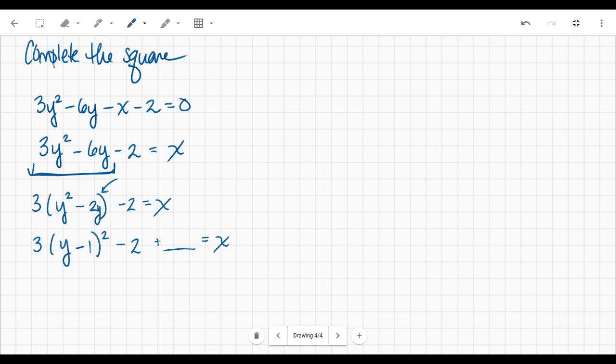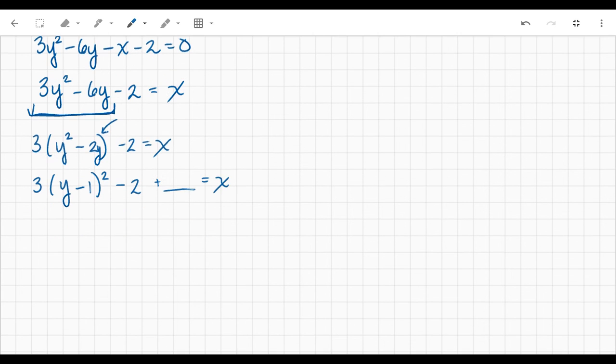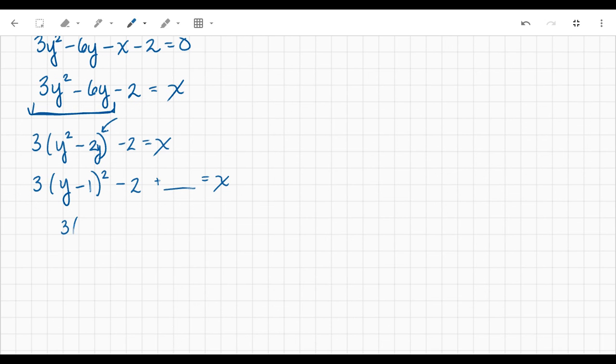When we expand this, we'll have 3y squared minus 6y plus 3 minus 2.